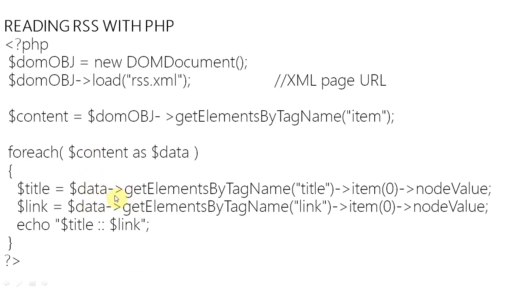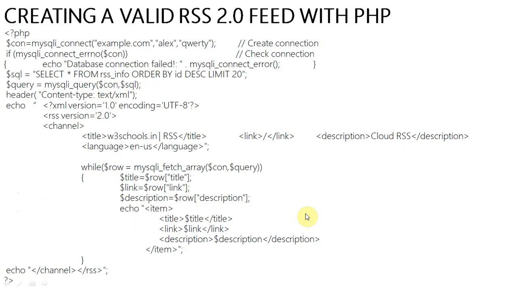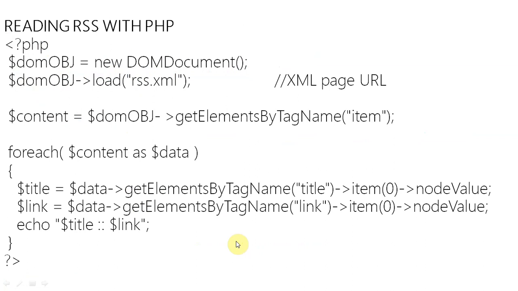So data dash get element by tag name title, and then link. We are accessing only title and link, you can see here title and link. We are not accessing description. It is the zero position item, and we get the zero position node value, whose element name is title.